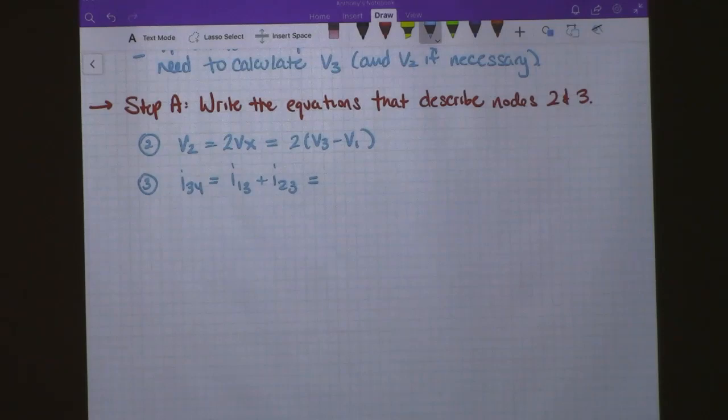And if we substitute in there, what we'll have is (V1 minus V3) over 1,000 plus (V2 minus V3) over 1,000.